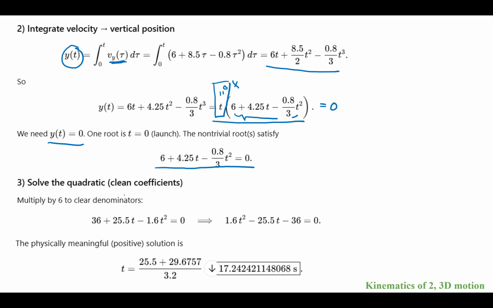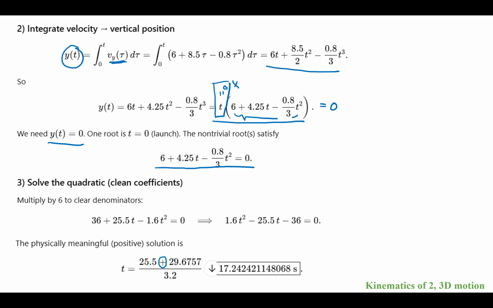And then we solve the quadratic equation, and we can find the physically meaningful solution, because if it becomes negative, it doesn't mean anything. So we need only the positive term, and then we should have a plus. If you take the minus, then it is a negative time. That means it happened earlier than the initial launch, so it's physically not meaningful.